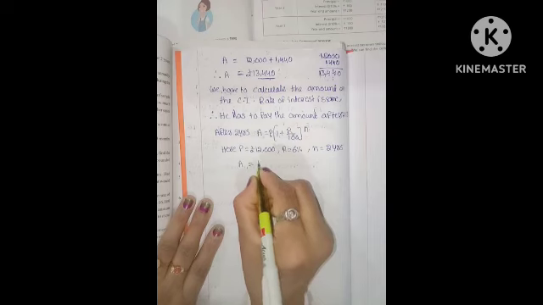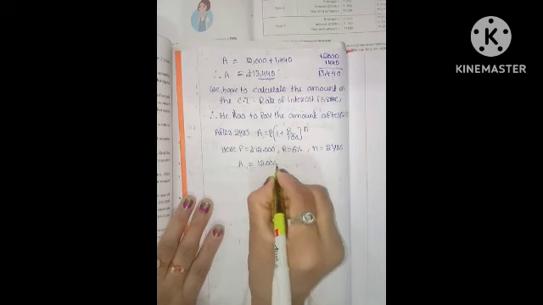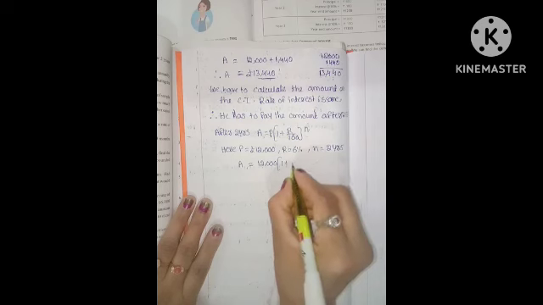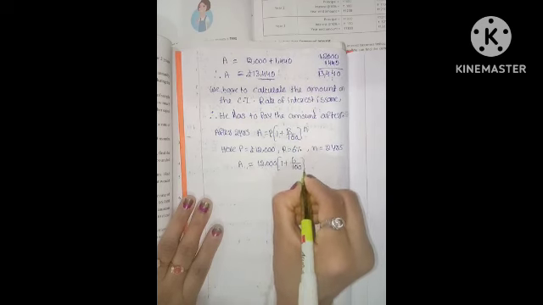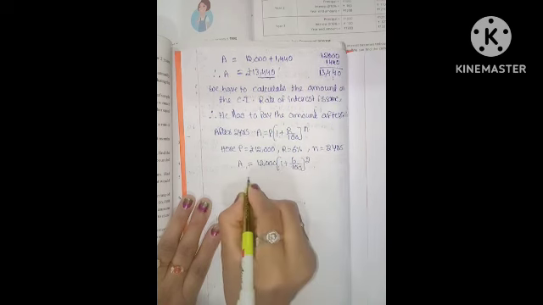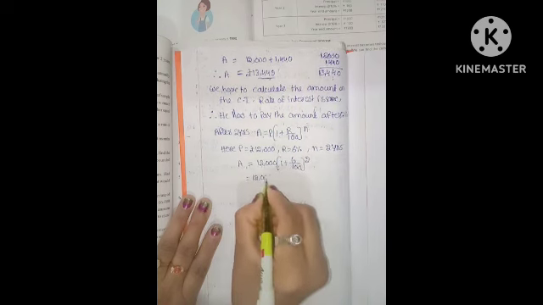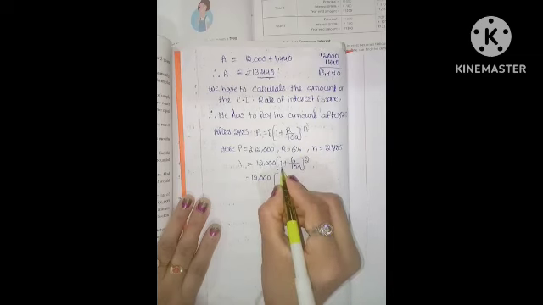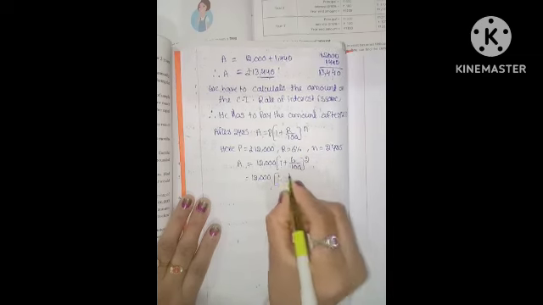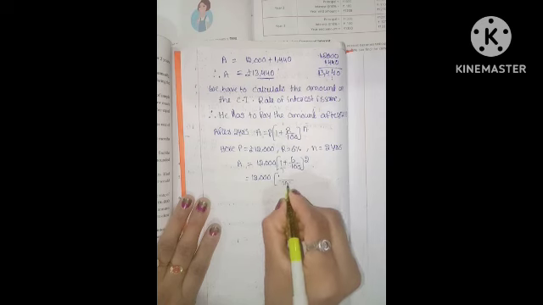So P equal to 12,000. Next, 1 plus R equal to 6%. So next, whole to the power of n is 2. So 12,000. Next, here take the LCM, which is 100.